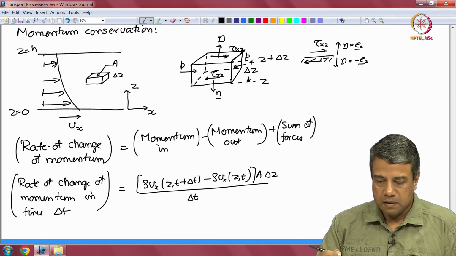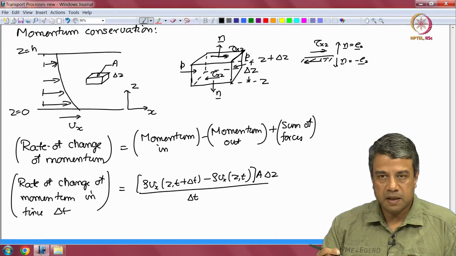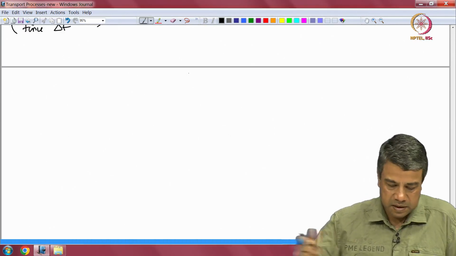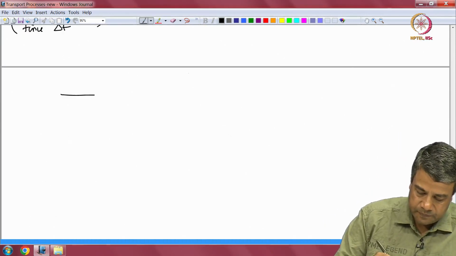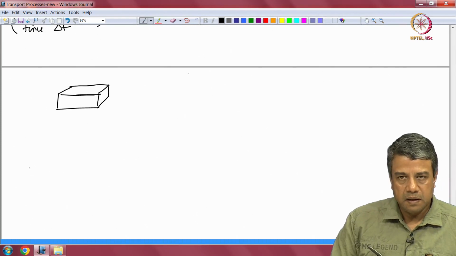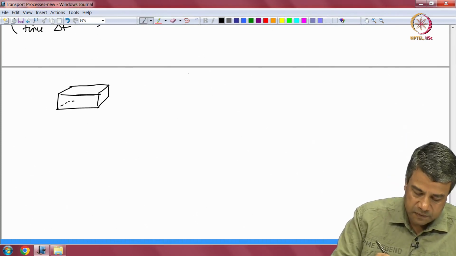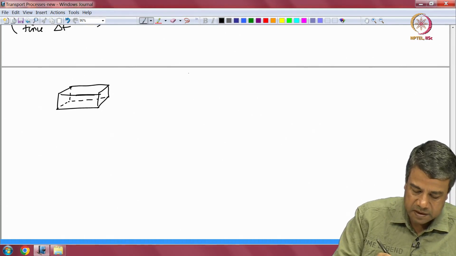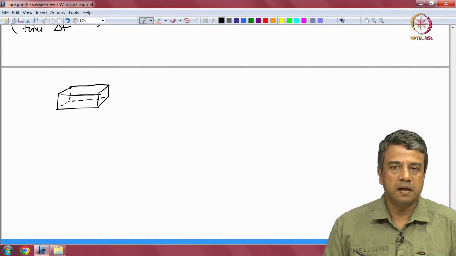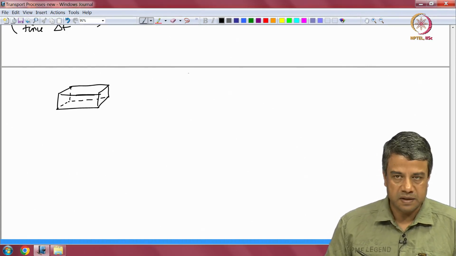Now, there is momentum coming in and out of this differential volume. Let me draw it once again here. In this particular case, there is fluid velocity, so there could be convection as well, momentum coming in and going out due to the fluid velocity.